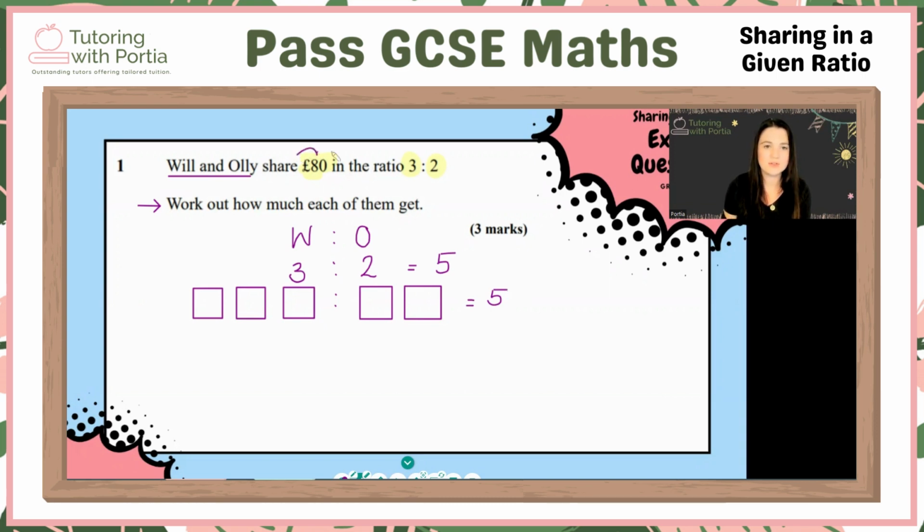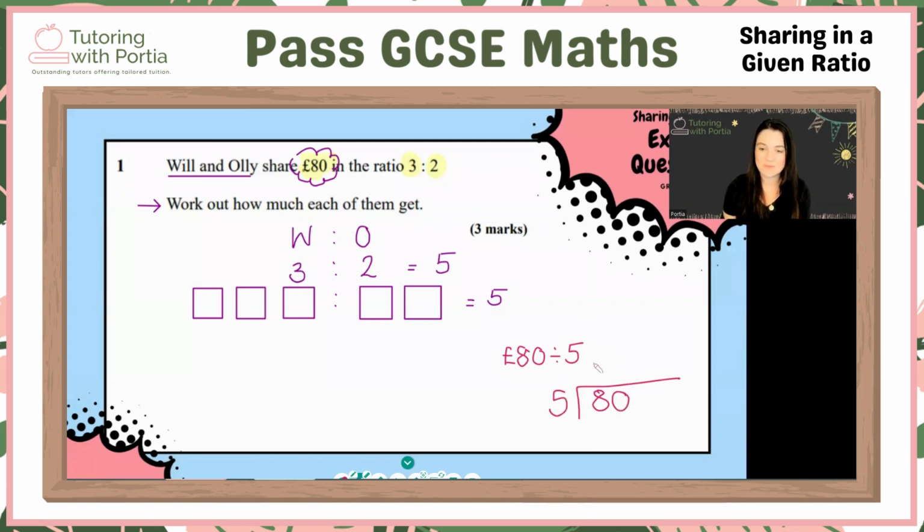Now, the total amount of money that they have between them is £80, and we need to share that out equally between these 5 parts here. That means I need to take the £80 and we're going to divide it between those 5 equal parts. And to do that, you might want to use the bus stop method. So we'll take our 80 and divide it by 5.